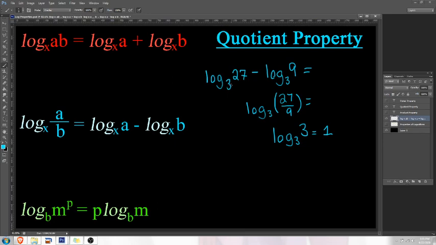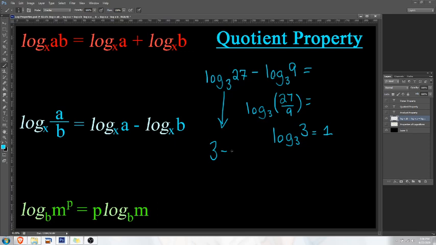Okay, so 3 raised to what power equals 27? That's essentially what this is asking us. So 3 times 3 is 9, and 9 times 3 is 27. So that would be 3. This entire part of the expression is going to simplify down to 3 minus, okay, 3 raised to what power equals 9?